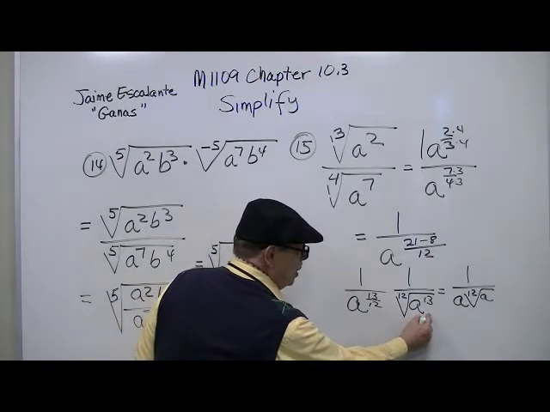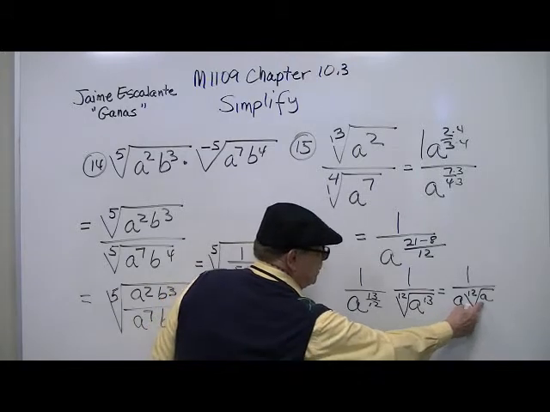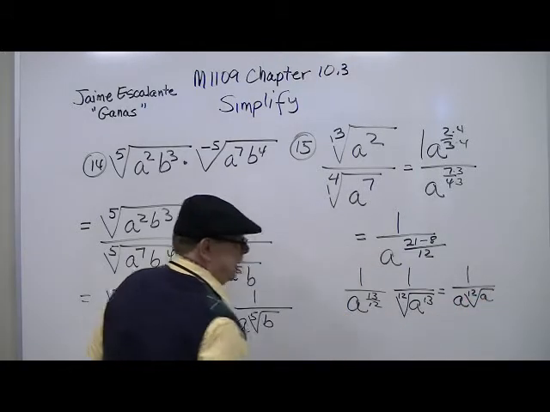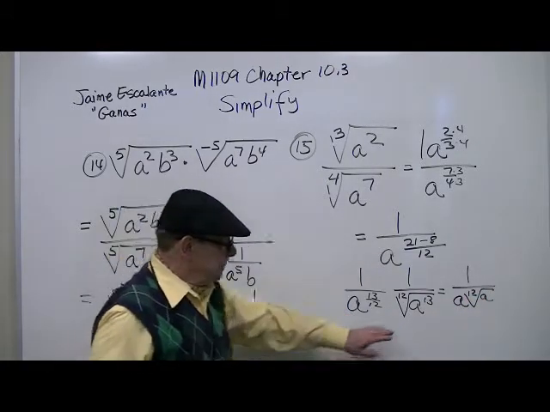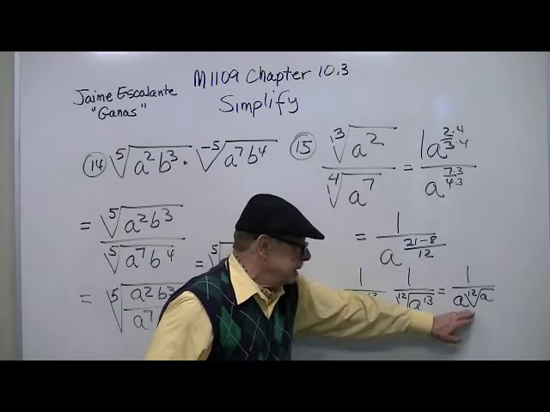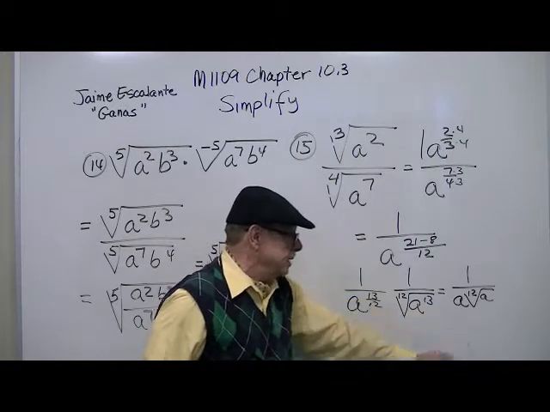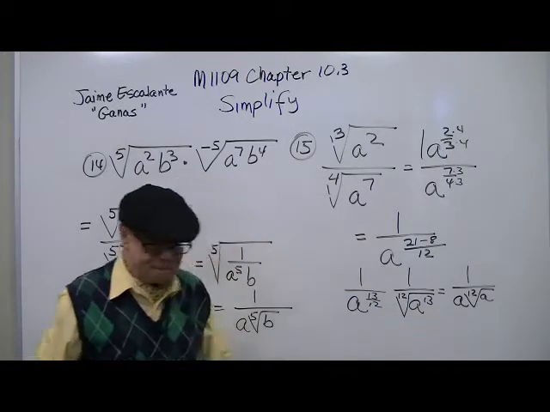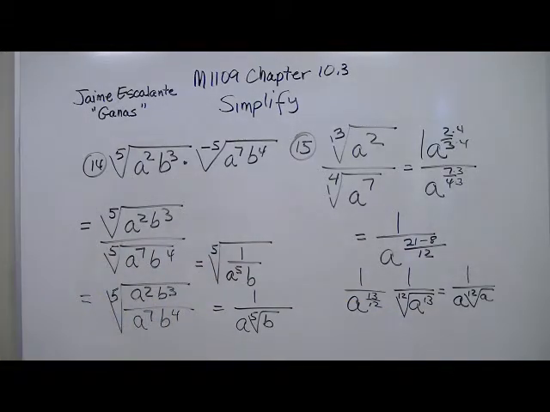You could take out one of the a's, and you're left with a to the first under the radical sign. So this is the answer they gave me in my answer key, but I think this is one even better. Again, it's challenging.